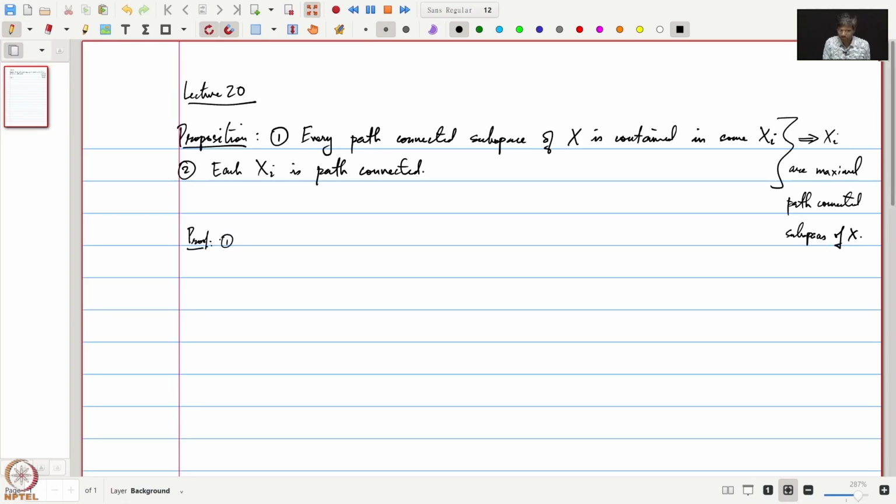So first we want to show that every path connected subspace of X is contained in some Xi. So let T be a path connected subspace of X, and let x be in T, then x belongs to Xi for some i.